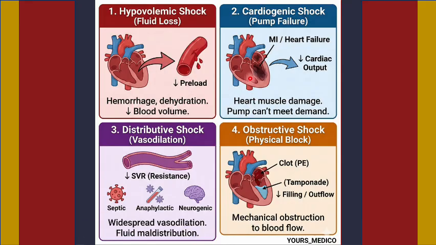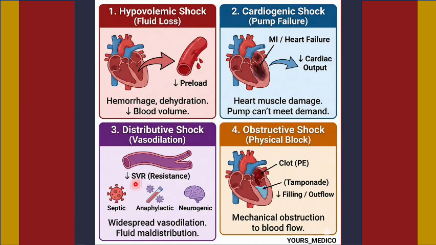And this is just a cartoon that's illustrating hypovolemic shock: hemorrhage, dehydration, volume loss. Cardiogenic, usually due to MI or heart failure. The muscle is damaged, the pump can't meet the demands, so pump failure. Distributive shock is vasodilation.